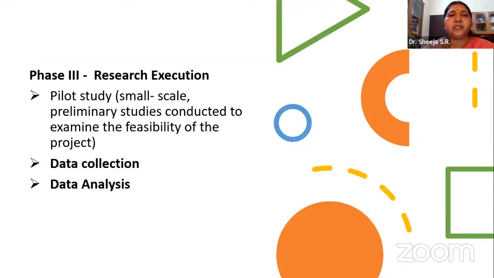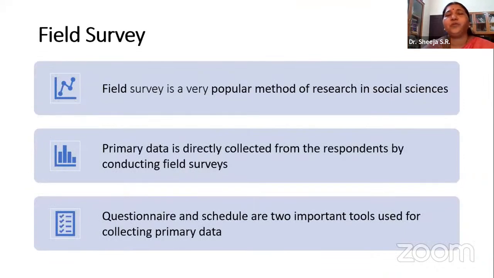Before examining data collection, I hope that you are all familiar with field surveys. As you know, field survey is a popular method of research in social science. Usually, we undertake field surveys to collect data. In field surveys, we directly collect primary data from the respondents.